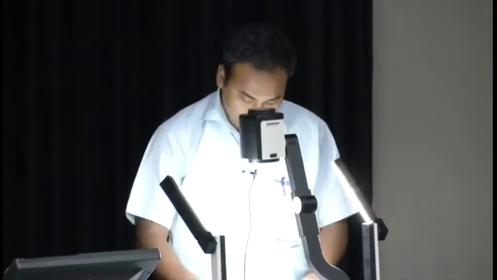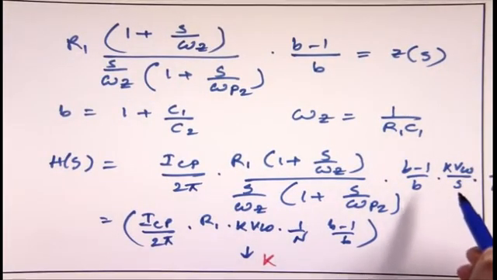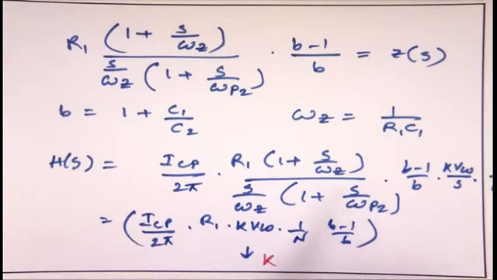If this is the transfer function, you can see it is actually a third order system, correct? There are 3 poles and 1 zero.